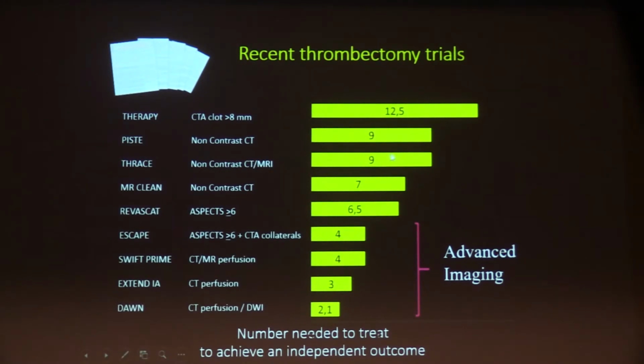What is interesting on this slide is that if you use advanced imaging, then the treatment is much more efficient. That means that the more you select the patient, the more efficient the treatment will be. And here you have the DAWN trial, which is the best one, right at the bottom of the scale.